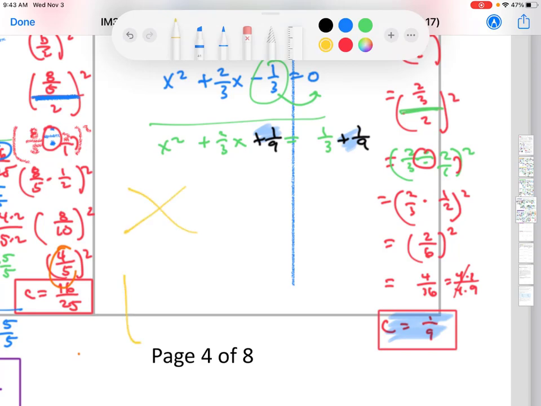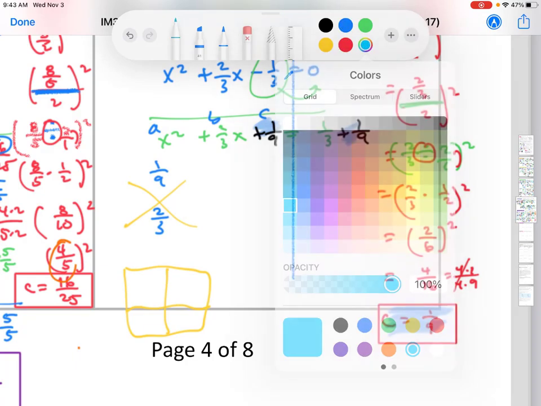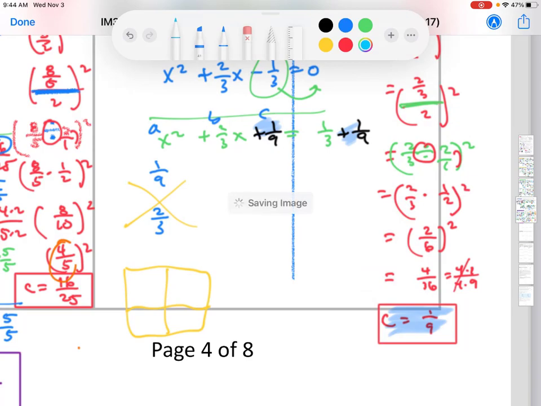Alright, let's factor this now. A, B, C. A times C is 1/9. B value is 2/3. Remember, my two numbers are over here. You can use 2/6, or you can reduce that as 1/3. So you can choose.